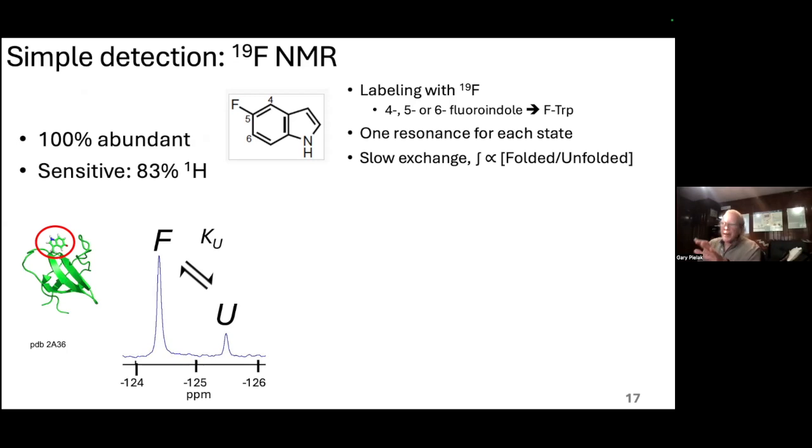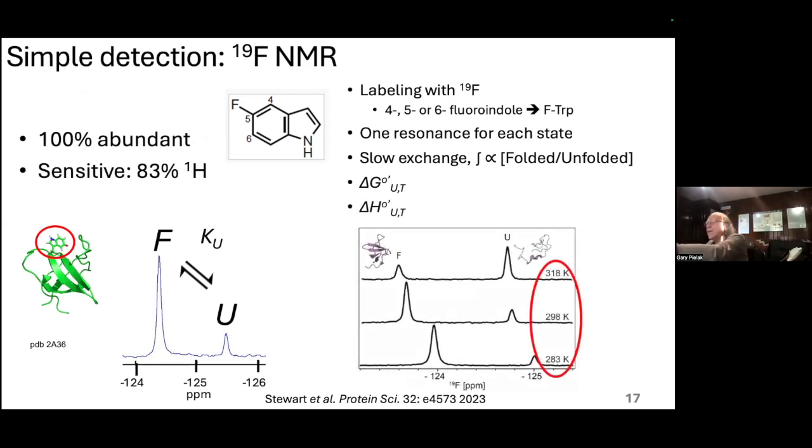Now, its stability is about 0 kcal per mole, which means we can see both the folded and unfolded forms. We can integrate those resonances, divide the areas, bingo, we have the equilibrium constant, and we can get the free energy. We do the temperature dependence, we can get the enthalpy. And here we have some spectra where we've changed the temperature, and you can see the population changes.